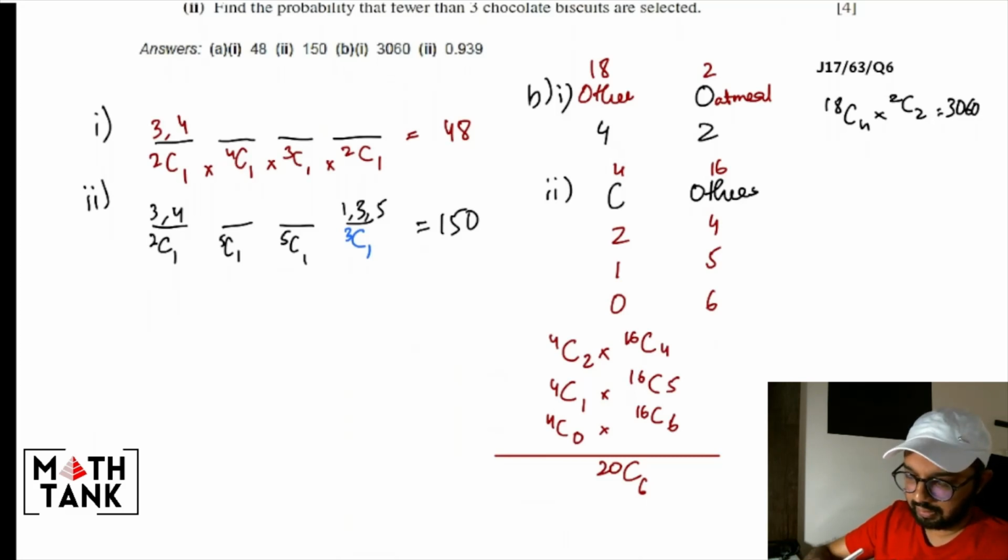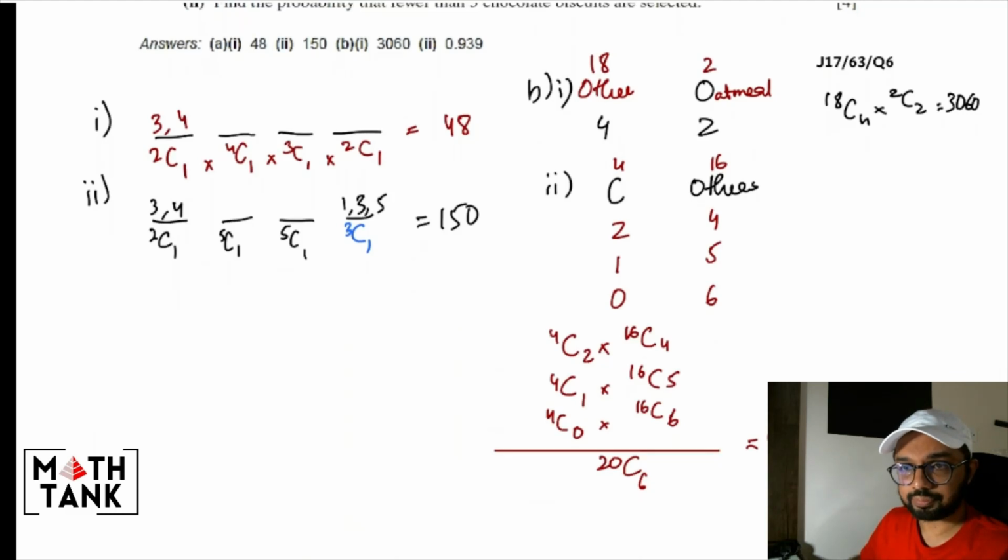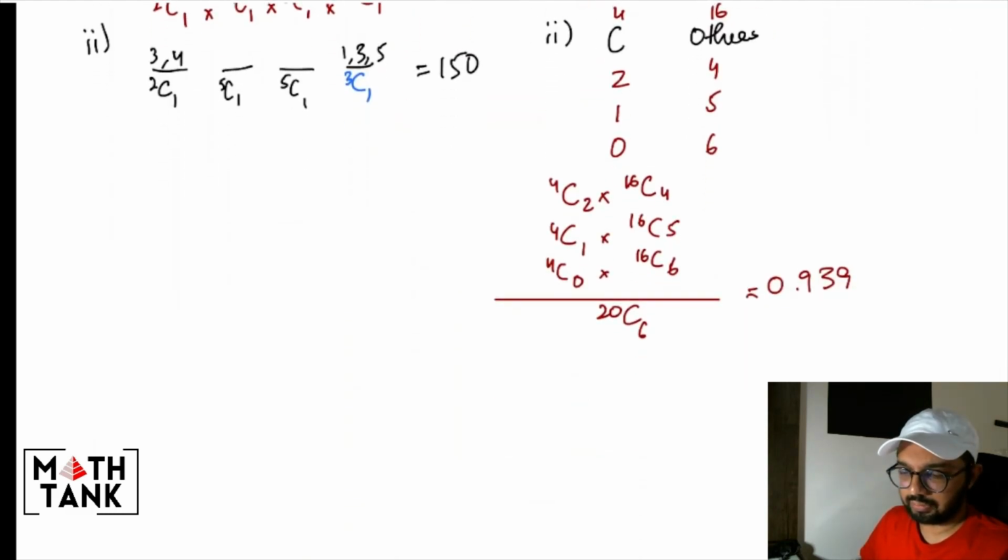Divided by 20C6. I get 0.939. If you want to write it out in decimals, it was 910 over 969.